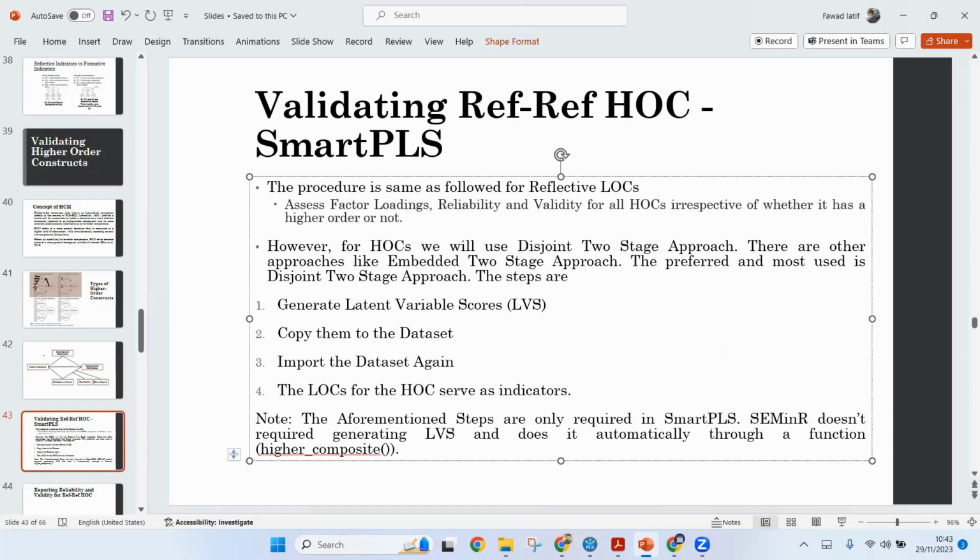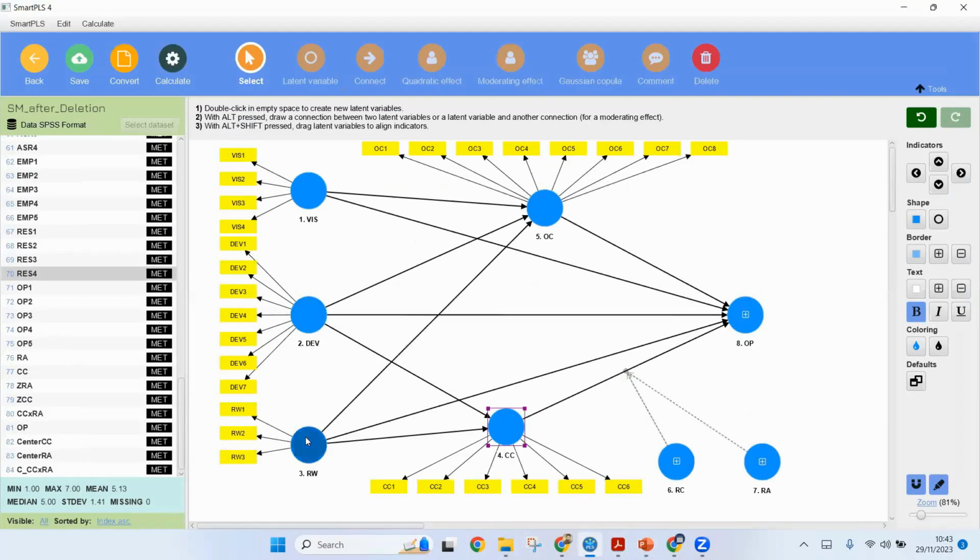So the first step: obviously, every construct at the base is a lower order construct. In this case, internal marketing was measured using three lower order constructs, that is vision, development, and rewards. So in total, I have 1, 2, 3, 4, 5, 6, 7, 8 constructs.